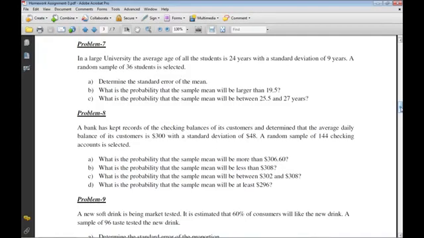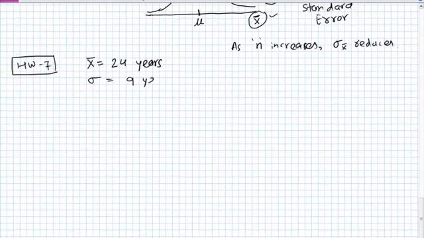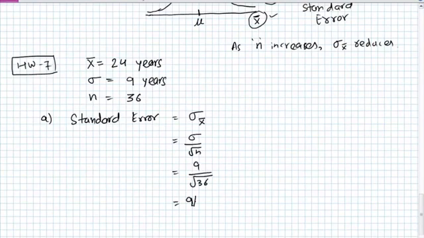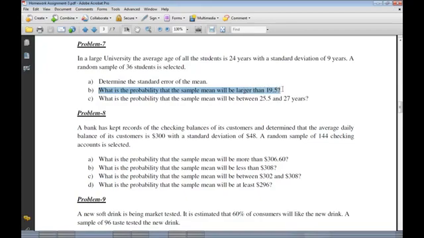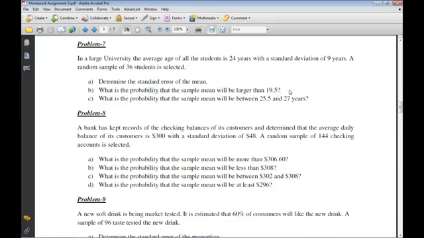In a large university, average age of all students is 24, standard deviation 9, and a random sample of 36 is selected. Determine the standard error of the mean. So what is the probability that the sample mean will be larger than 19.5?